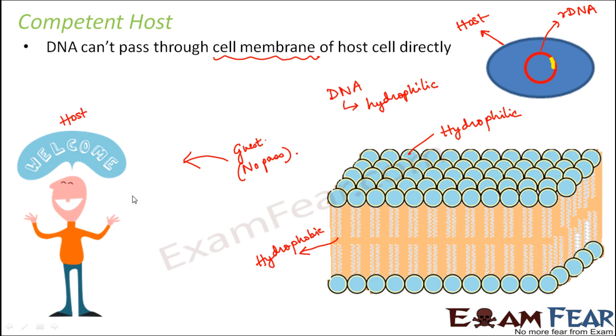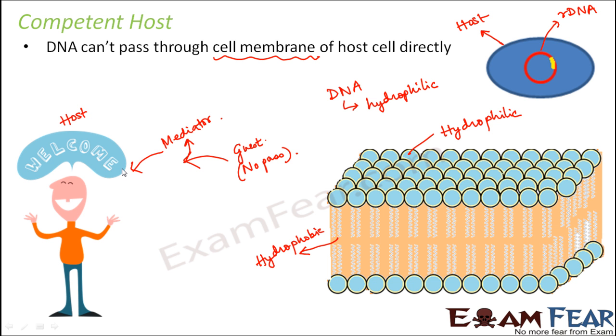Now, two scenarios are possible. If the guest has a pass, then the host will welcome the guest. But if the guest doesn't have a pass, the host will not allow the guest. In that case, the guest would need a mediator, another person who has a pass, and then through that mediator he can enter inside the party.